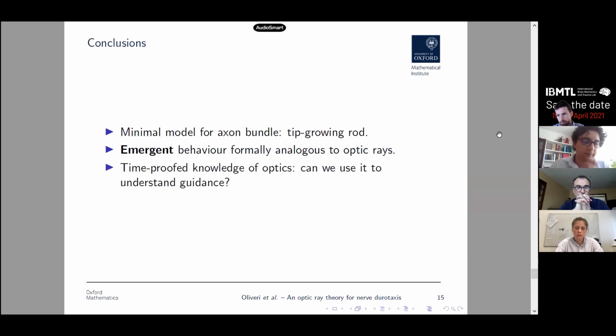We see this kind of prediction as potentially quite powerful, as it could help build a simple frame of understanding for durotactic guidance and maybe guidance in general.